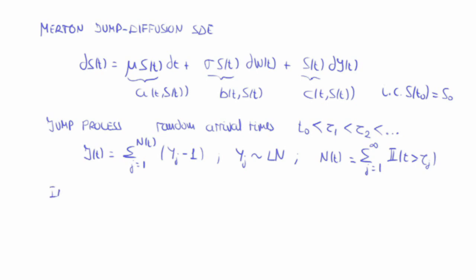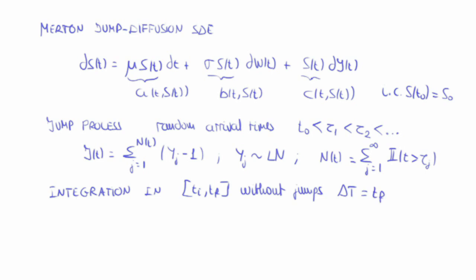Let's integrate the stochastic differential equation in an interval without jumps, and then in an interval with a jump. So first we have the interval t_i to t_f without jumps. And now the size of this integral can be arbitrary.